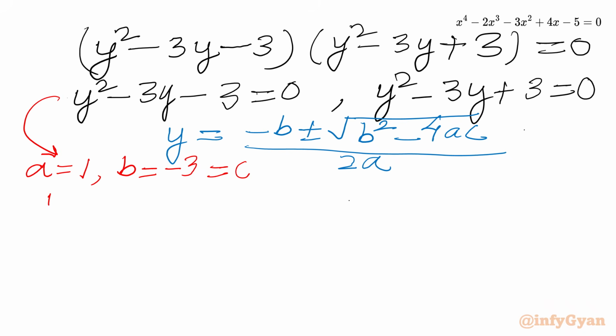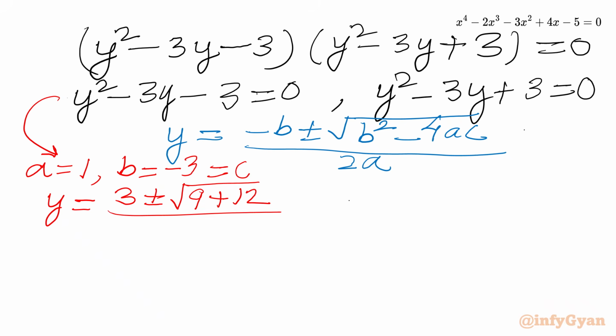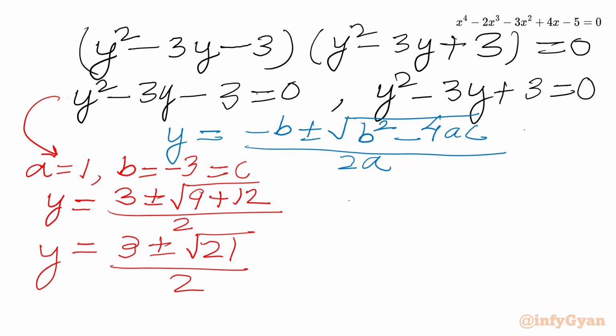Now we will use the formula and write y equal to minus b, so minus of minus 3, plus minus square root of minus 3 square is 9, minus 4 times 1 times minus 3 is plus 12, over 2 times 1, so 2. This will be equal to 3 plus minus square root 21 over 2. We have two real values of y.